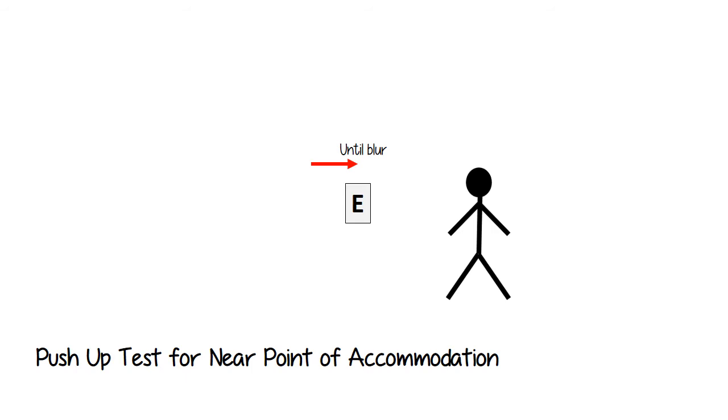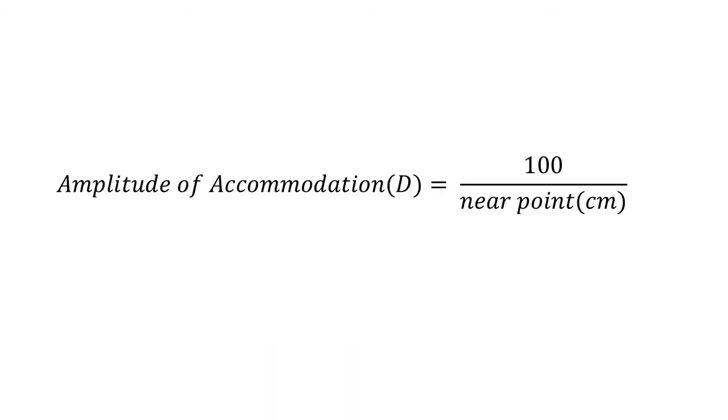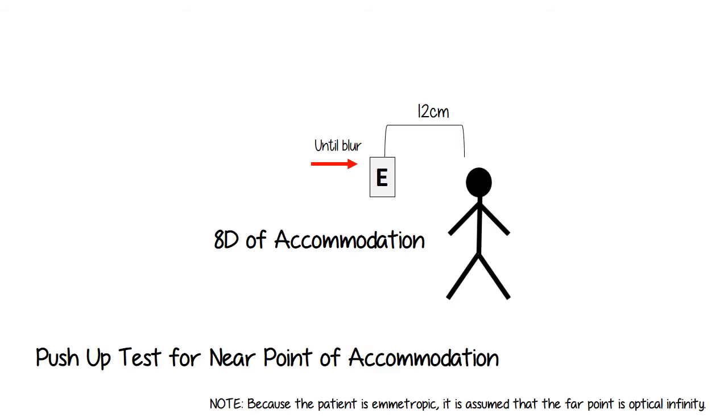If it blurs at, let's say, 12 centimeters, that's the near point. To take the amplitude of accommodation, remember, you divide the near point into 100, and we would round to 8 diopters. So 8 diopters would be the amplitude of accommodation if this blurs at 12 centimeters.